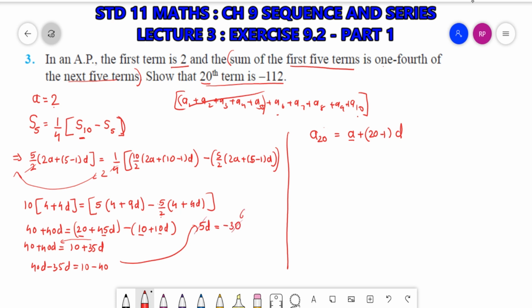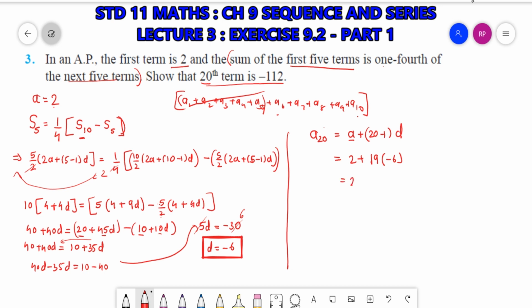5d equals minus 30, so the value of the difference d is minus 6. Okay, so the difference is minus 6. Let's put down the value of d as minus 6 in this equation and prove that the 28th term is minus 112. So a is 2, plus 20 minus 1, that is 19, and d is minus 6.